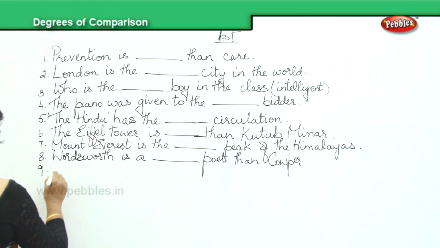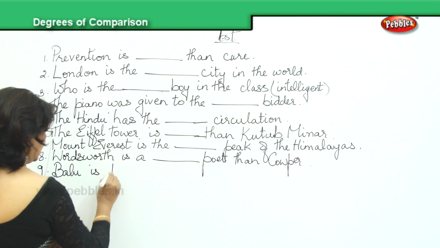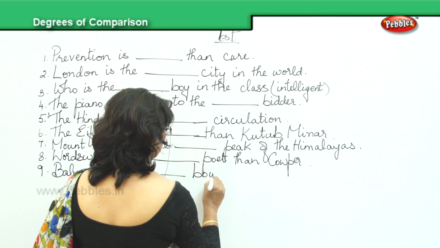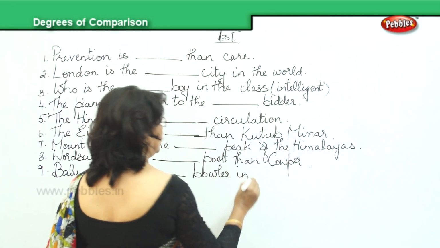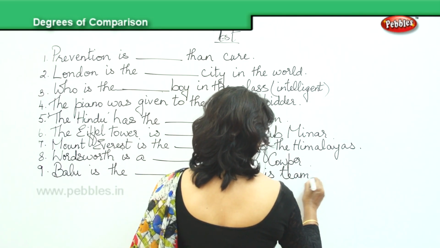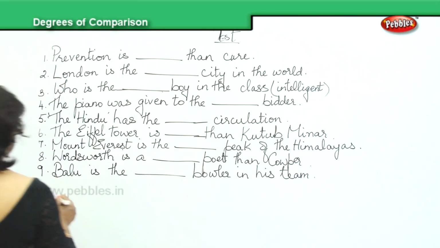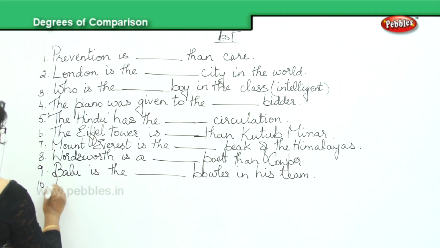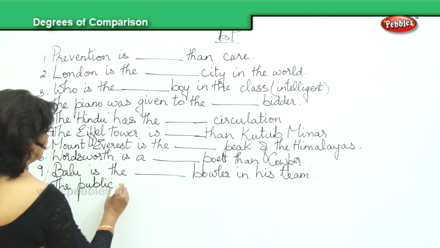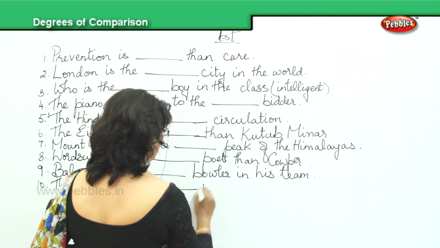Next word. Balu is the dash bowler in his team. The public is the dash judge.